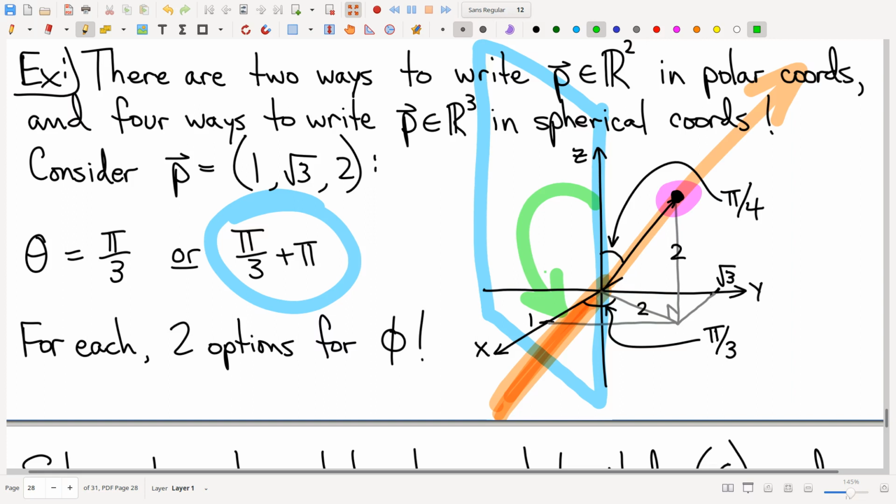Well, don't forget, this angle here is pi over 4, and between the two of them, red plus green makes a half turn, and so a little subtraction tells you that this angle right here, the green angle, the phi for this workup is 3 pi over 4. Positive 3 pi over 4.